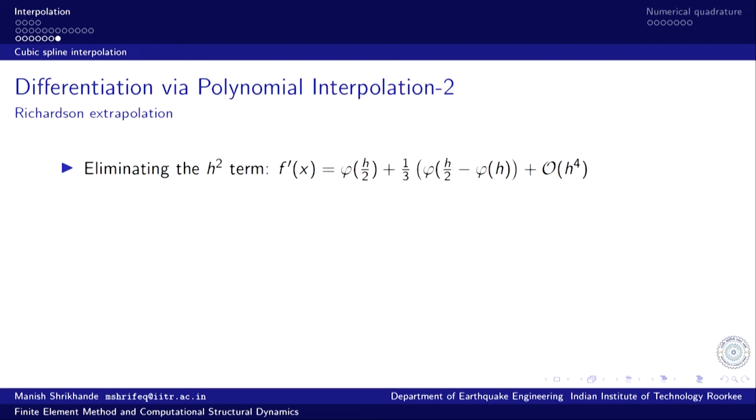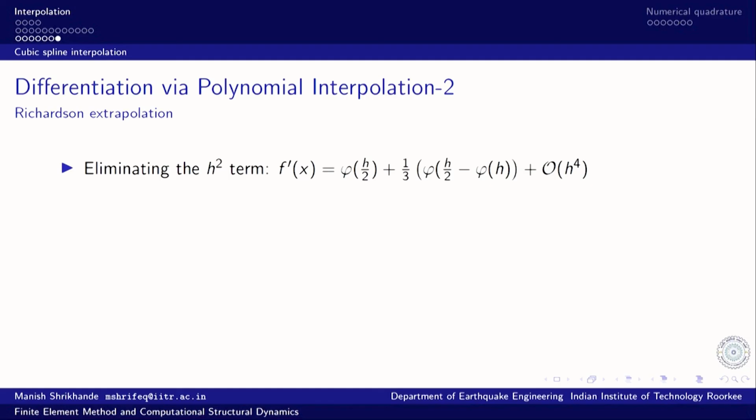So, the function value that I have for the sampling of h, and another approximation for the sampling of h by 2, and then the function derivative that I get now has an accuracy of fourth order. Considering that initially we had a first order accuracy finite difference, now we are looking at fourth order accuracy of the gradient, and without incurring catastrophic cancellation.